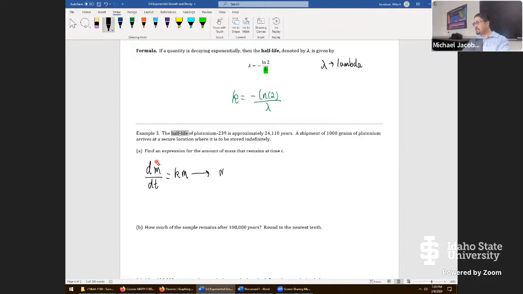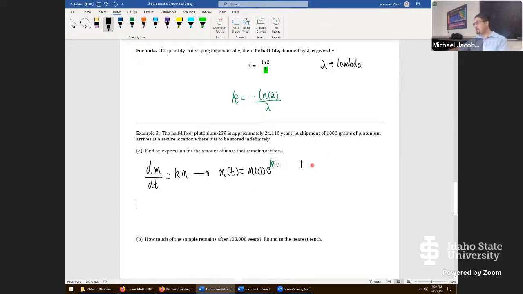The solution to this is mass at time t equals the initial mass, mass at time 0, times e to the kt. So just from them saying half-life, it's an exponential decay process, and all of this stuff is suddenly just off the table by that one statement. So that's kind of nice in a way.